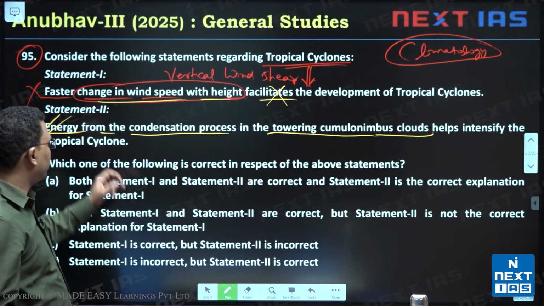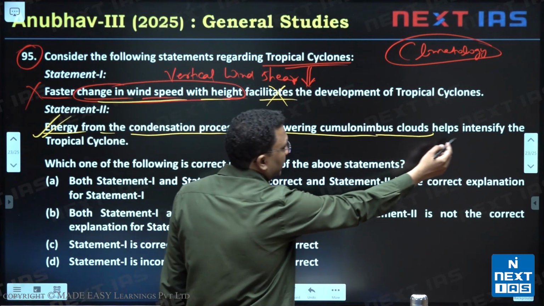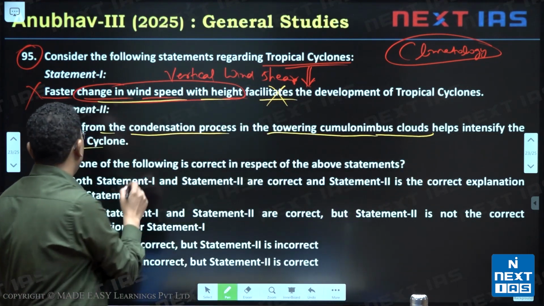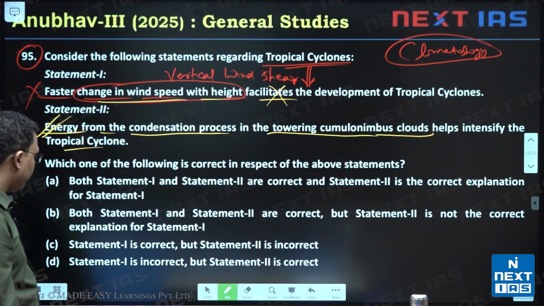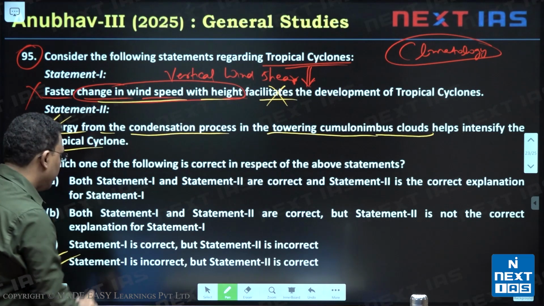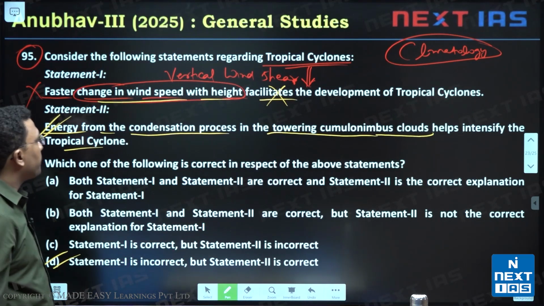So this is what the second statement is saying, energy from condensation process helps intensify the tropical cyclone. This is correct. So that means the correct answer here is D. First statement is not correct, but statement 2 is correct, right?